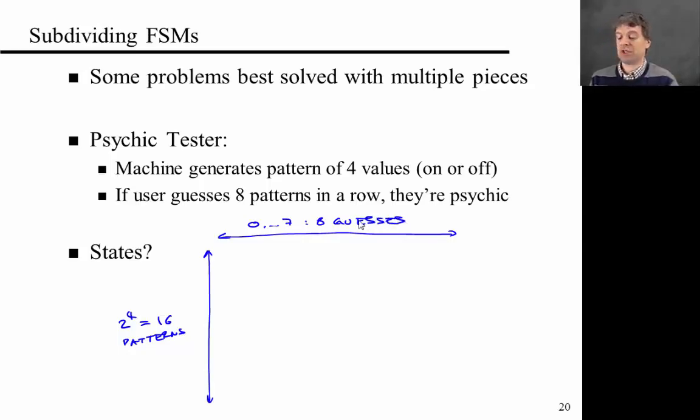So maybe you could do a state machine with 16 by 8 states, where each state corresponds to a combination of one pattern and one guess.